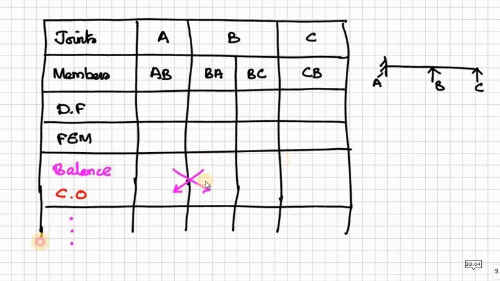While balancing, we will do the carryover if the far end is fixed or interior support. So we have to repeat these two steps, balance and carryover, till the carryover value is negligible or insignificant.